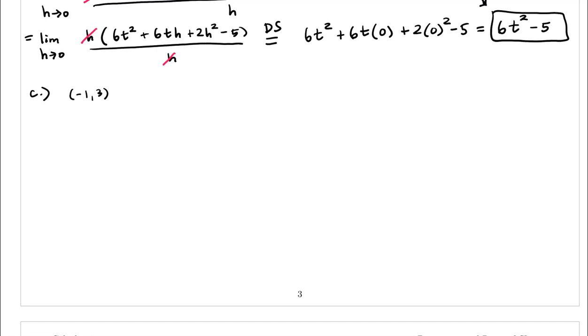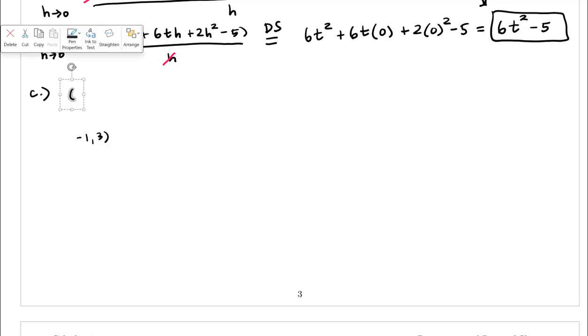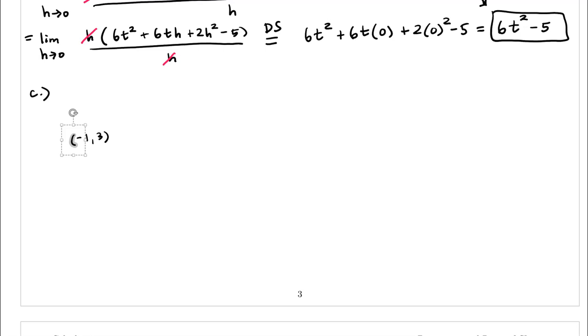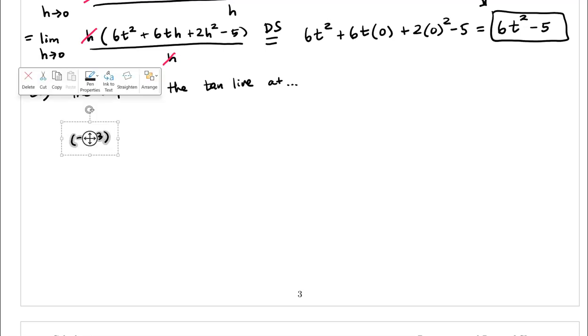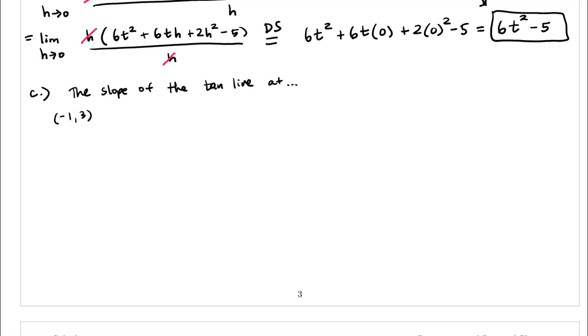So I can write something like the slope of the tangent line at -1, 3 is, maybe off to the side here, 6 times -1 quantity squared minus 5. So that would be 6 minus 5, which is equal to 1, so is 1.